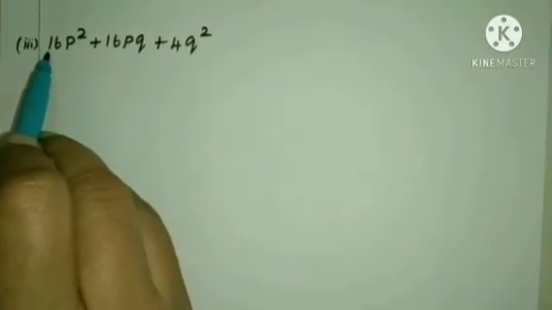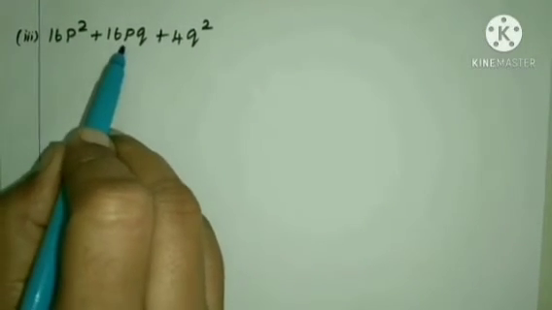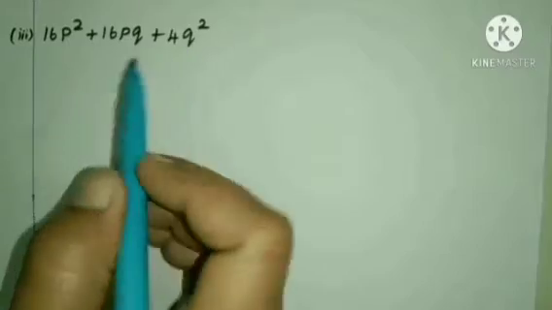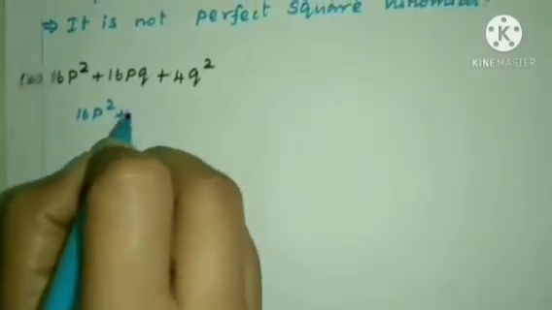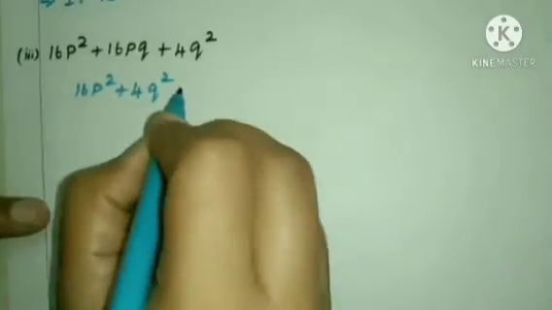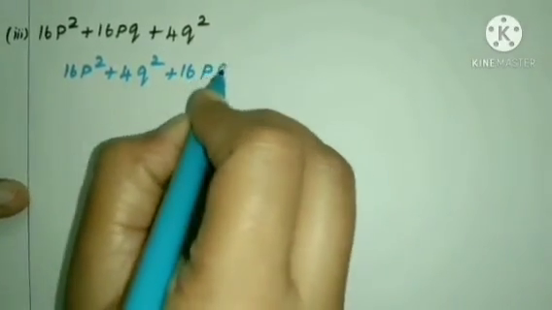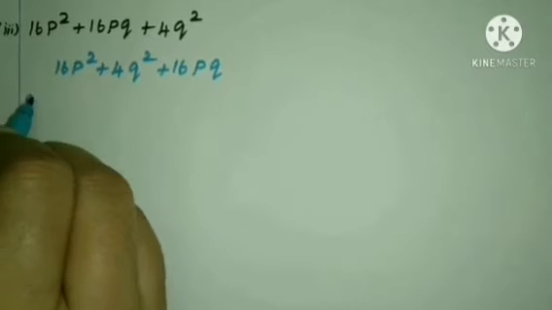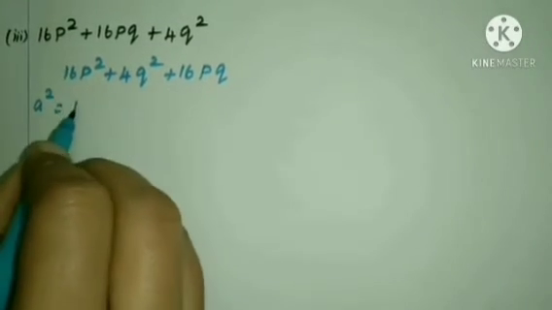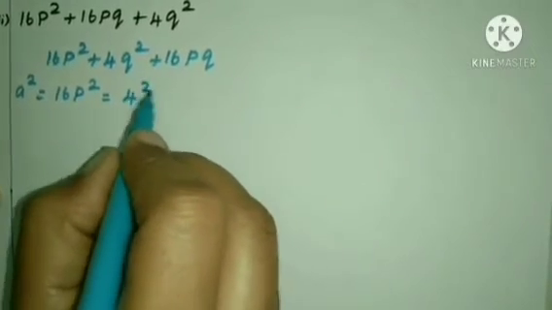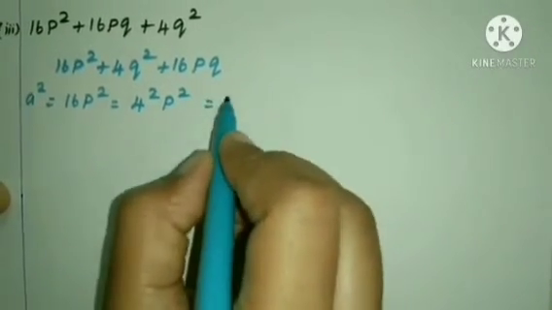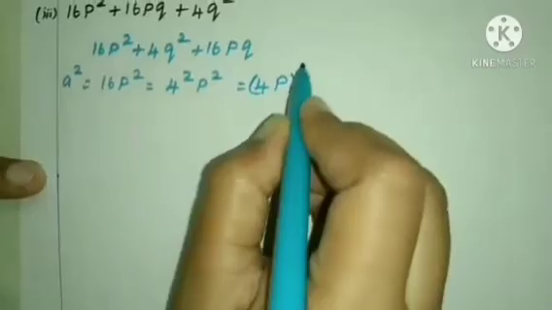Next question is 16p square plus 16pq plus 4q square. That is 16p square plus 4q square plus 16pq. Here what is the a square term? Here a square is 16p square. 16 is 4 square p square, that is (4p) the whole square.